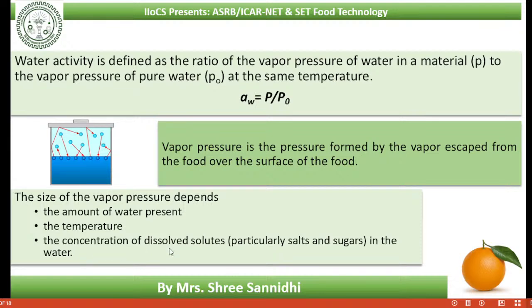So water activity is basically about free water. So the factors which affect vapor pressure are the amount of water present in the food, then the temperature required to mobilize that vapor from the food, and then the concentration of dissolved solutes like salts and sugars in the water.